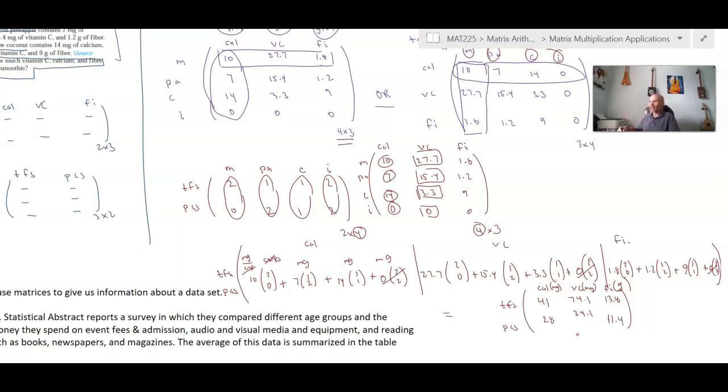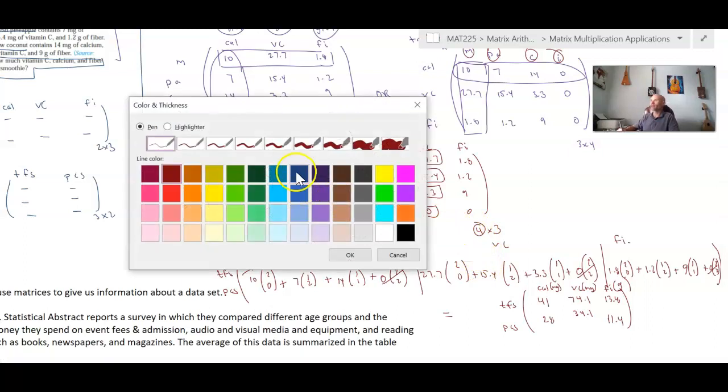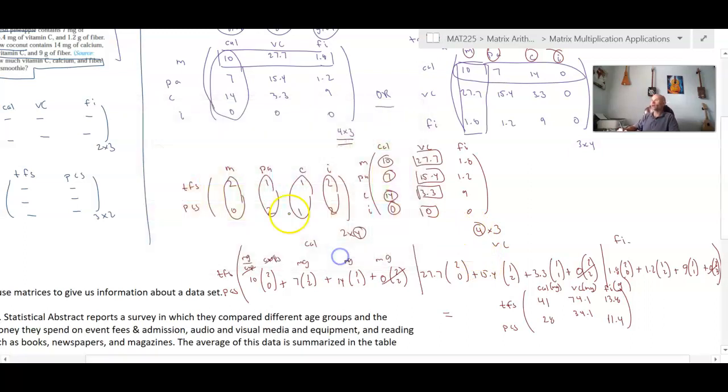So one of the things that I really want you to notice here as you're doing this is not only do the dimensions of the outside end up being the dimensions of our final matrix, which is 2 by 3, but we should also point out that the labels along the rows are the same as the labels along the rows in our final product, and the labels of the columns are the same as the labels of the columns in our final product.